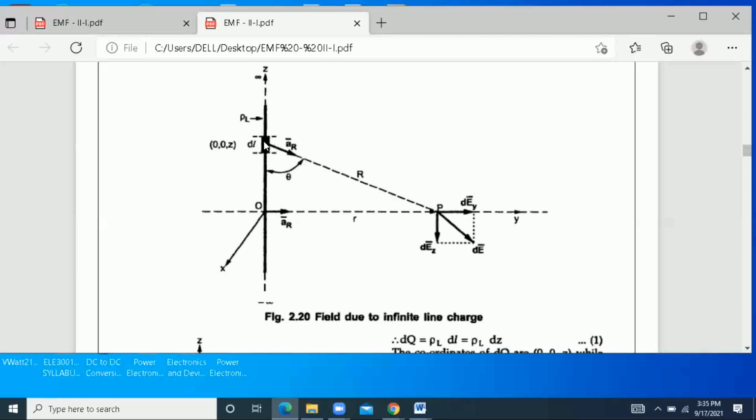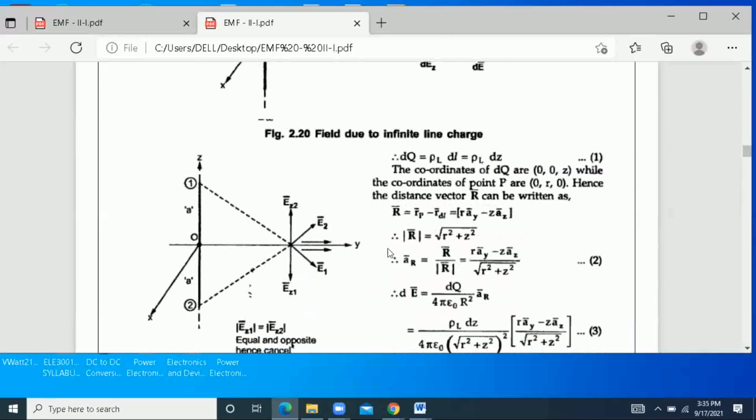If you take a differential length here, your R will be the Pythagoras here: this square plus this square, the square root of that gives you R, which is all that I'm saying here. Do you follow that? Yes, sir.